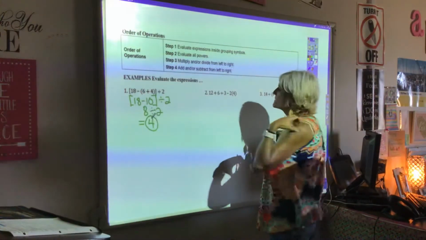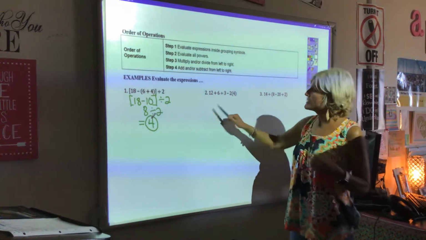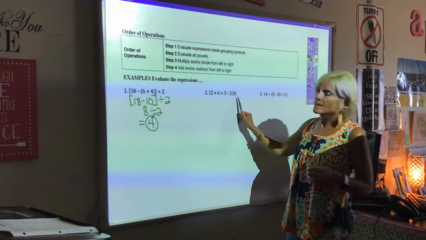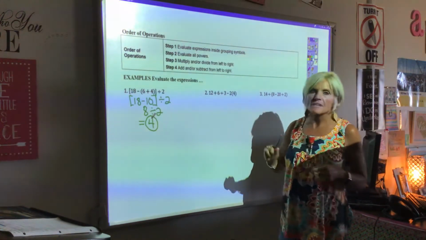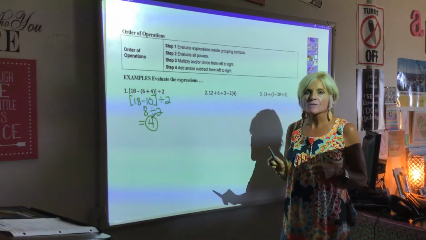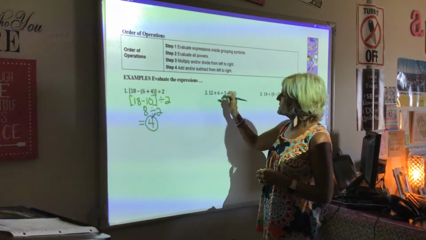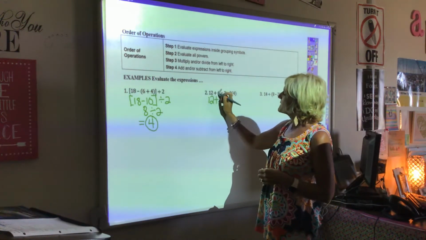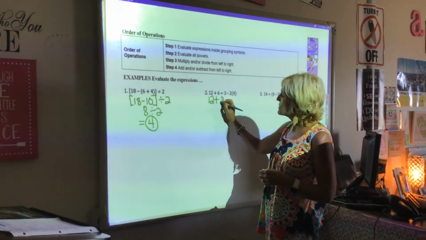The second one, sometimes it's helpful to look at what all operations are involved in the problem. And in the second problem, we've got addition, division, multiplication. And division and multiplication are treated equally. What we do is we do the first one we come to first. So we're not going to worry about the addition yet, but we're going to go ahead and divide the 6 by 3, which will give us 2.